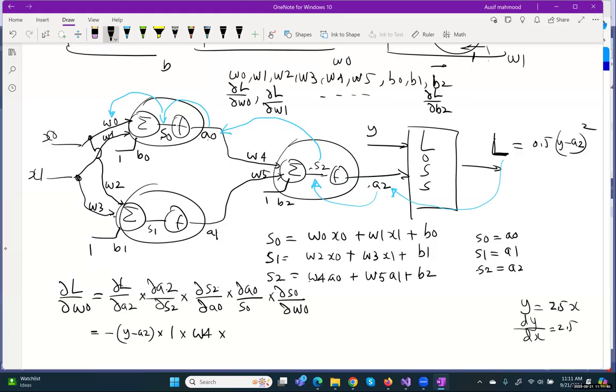How about the next one, A0 over S0? This is the relationship between A0 and S0, which is 1. And lastly, S0 over W0.